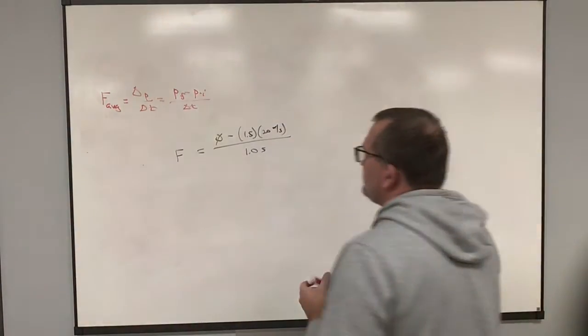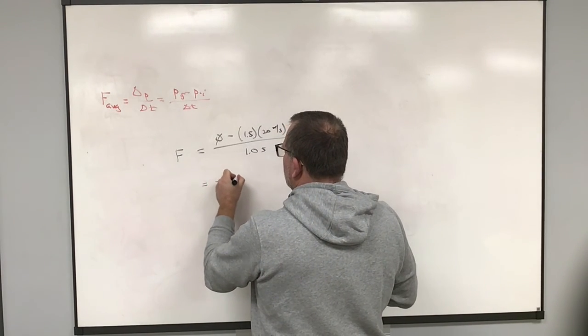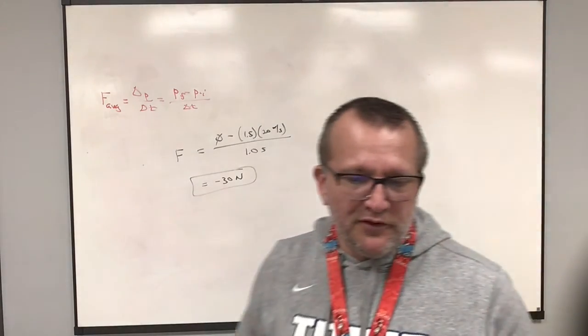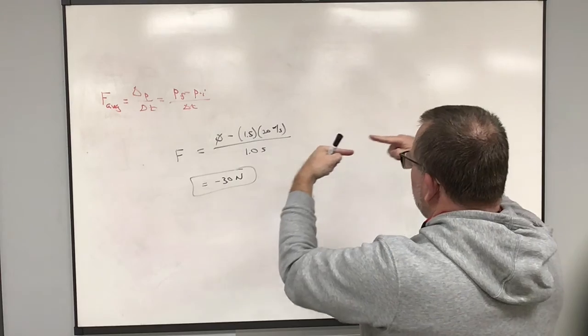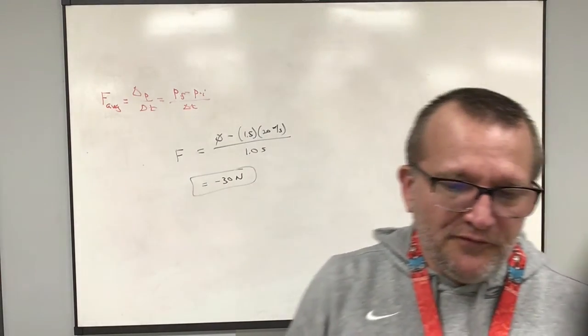I get a force of negative 30 newtons. So that's the force pushing back. It's going this way to hit the car, and then the force going backwards is -30. So we got a -30 newton force going backward.